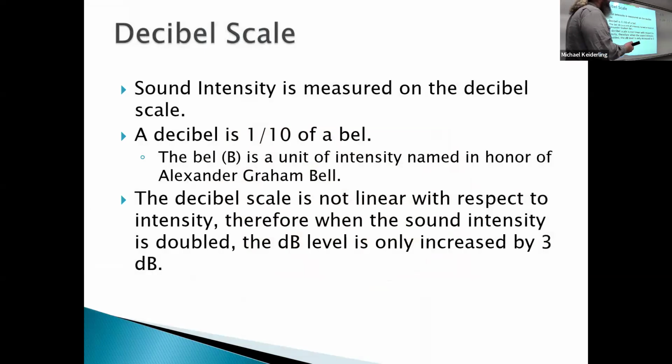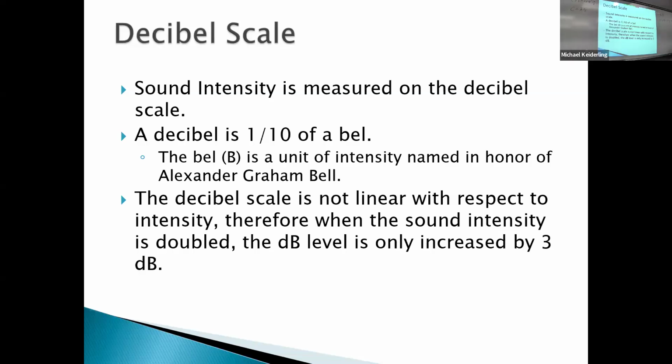Now, the common way that we measure sound intensity is with the decibel, which is a bizarre unit with a long and strange history. Technically, it's a comparative ratio between some reference and another signal.